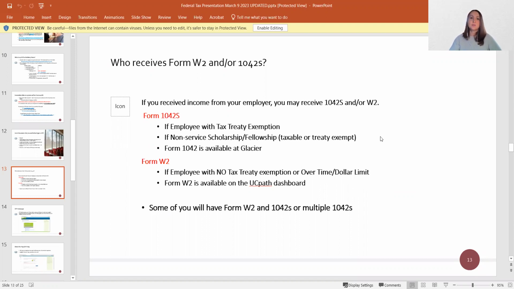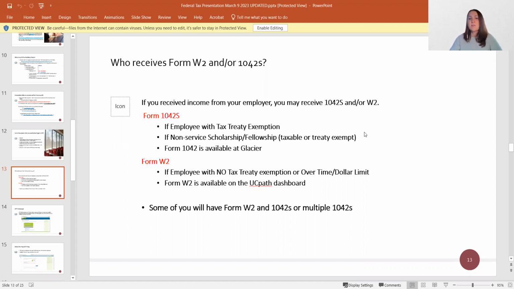Who receives 1042-S? If you were an employee, worked for UCSC and have access to the UC Pass dashboard, and you had a tax treaty exemption, you will get Form 1042-S. For example, take a person from China. China allows you to have an exemption of $5,000 from taxes.